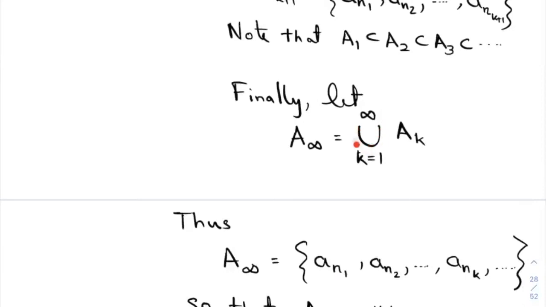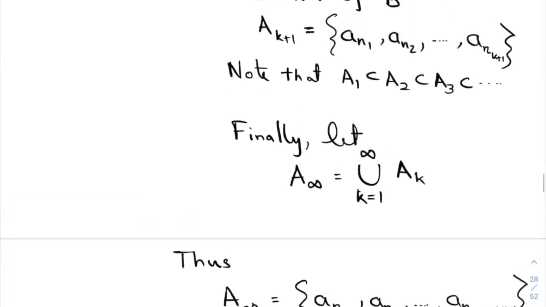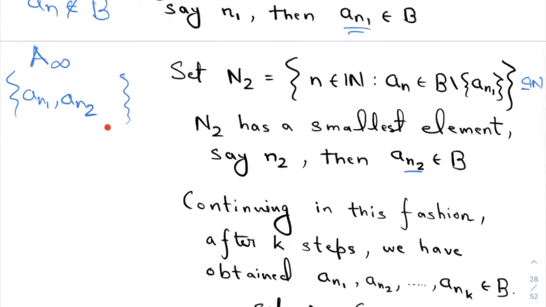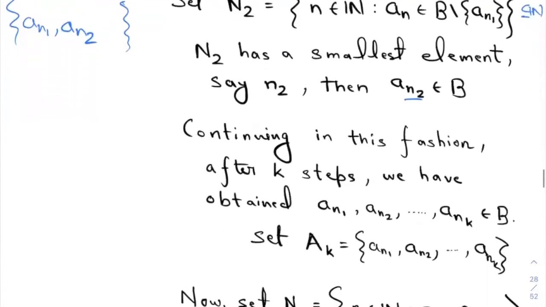That is it. This process of taking a union of sets. So A infinity is basically the union of all A k. Each time I'm getting some new A n k, I'm putting it in here. So at the k plus 1th level, I'm adding just one more term.